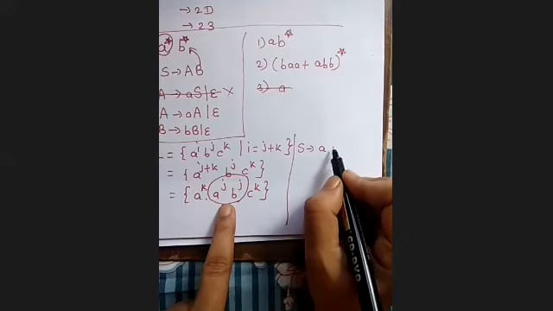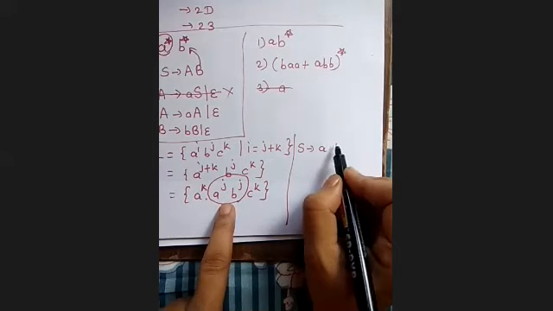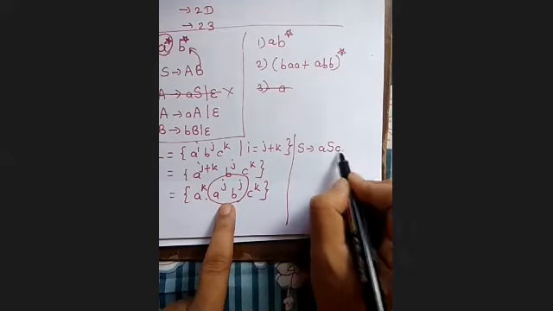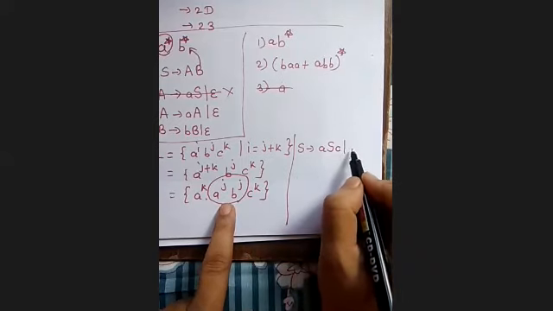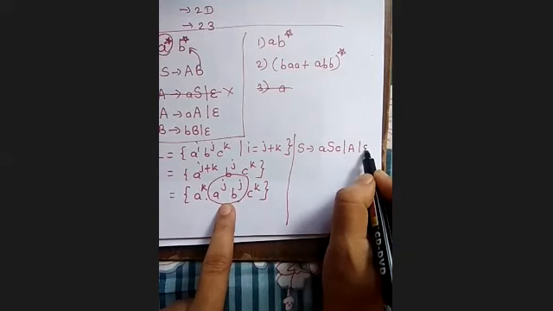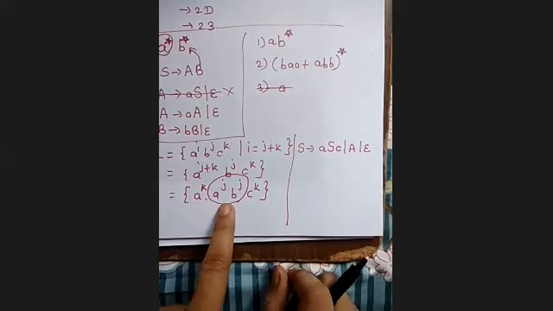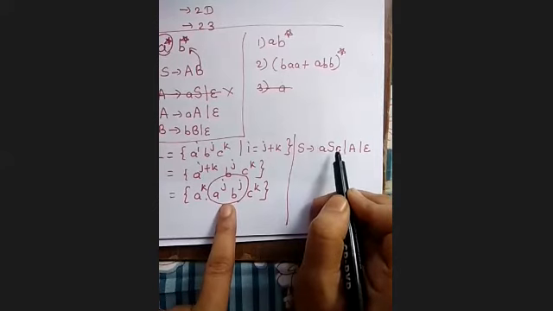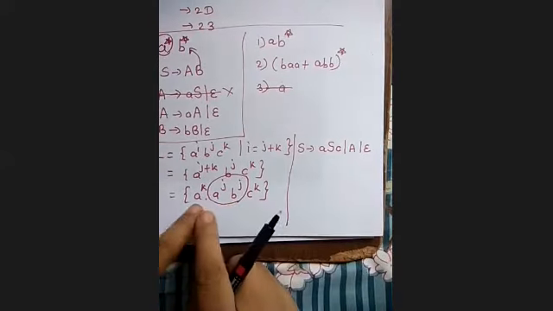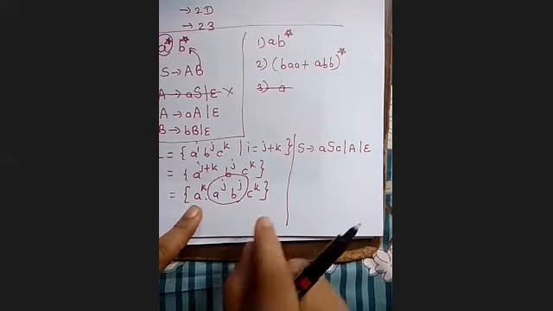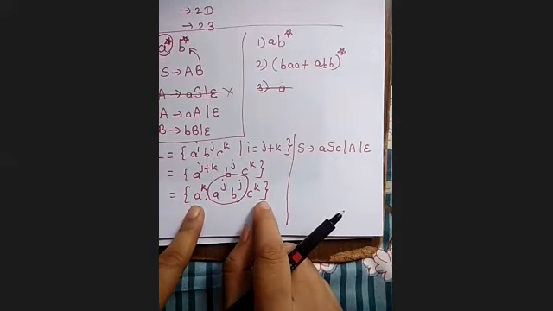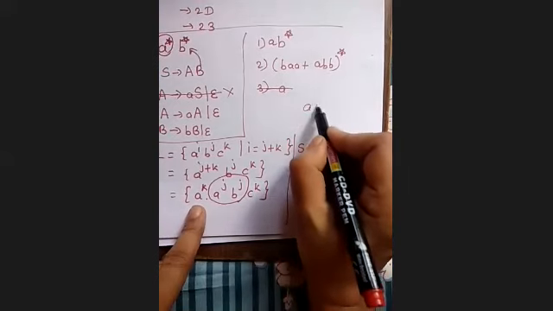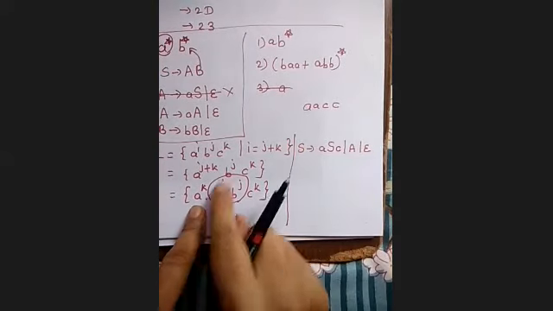Then S gives A S C, or this A, or the epsilon. You can apply this recursively for generating the number of A's at the beginning and the number of C's at the end. Suppose I want AACC, and let J be 0.